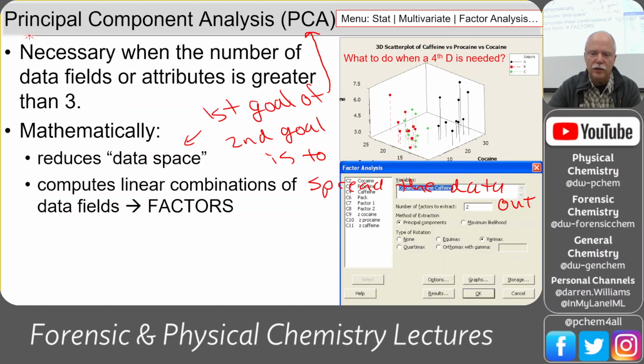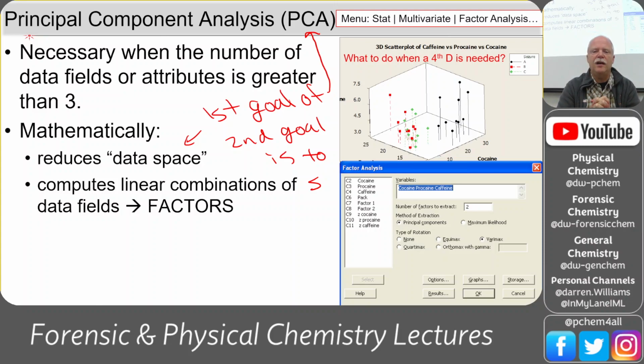Okay, so this is how you do it in Minitab. And we're saying number of factors to extract. So we're going to try to extract 2 factors from these 3 variables. So how does it do that? Well, it's a big mess in terms of math and linear algebra.